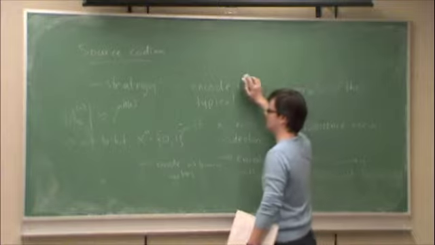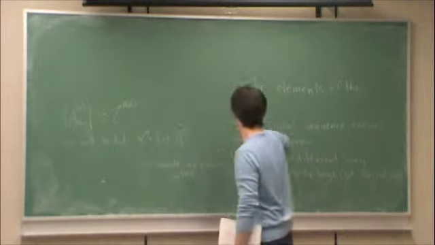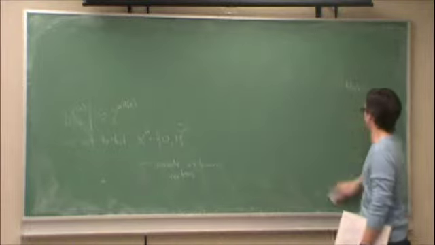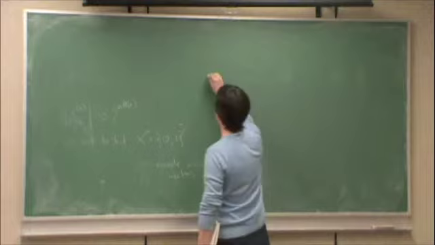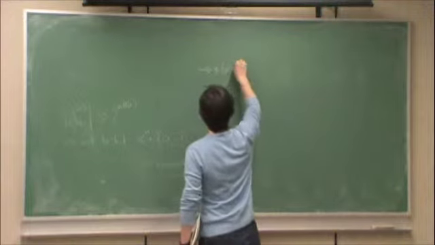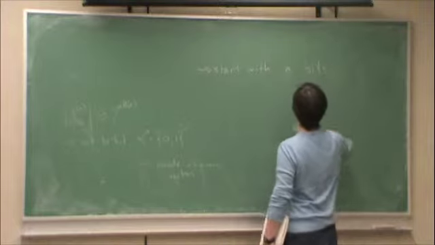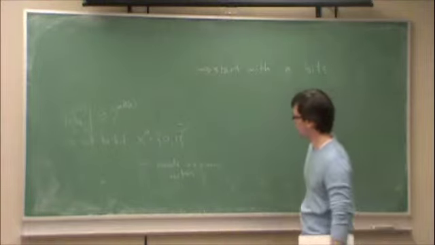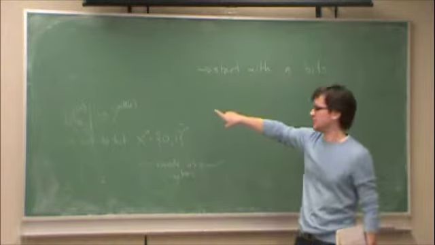So, we start with n bits. And we're only going to encode elements of the typical set.